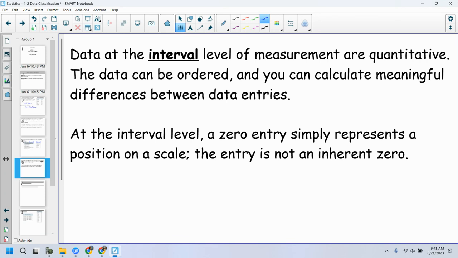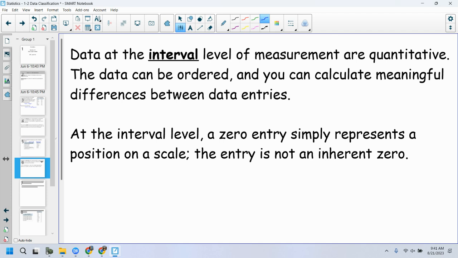I think about time. Think about the years since the year 2000. If I say 10 years since 2000, well, that's just a scale, right? That's just, okay, 10 years passed. Well, if I zero it, that's just the year 2000.